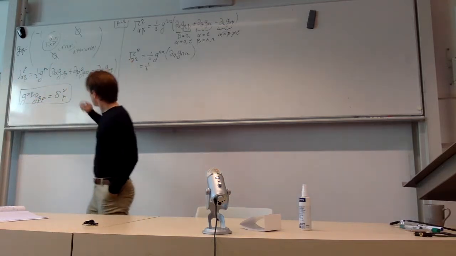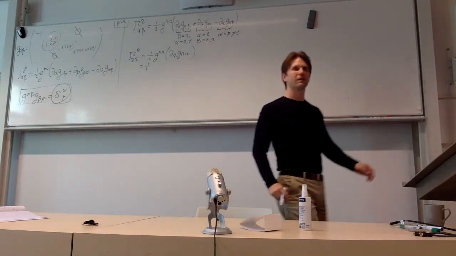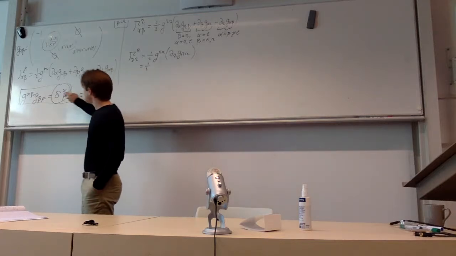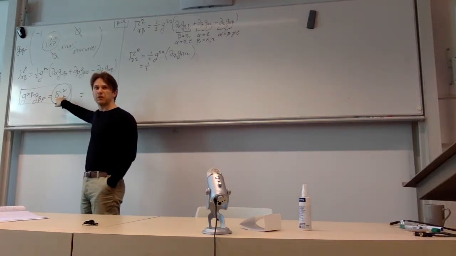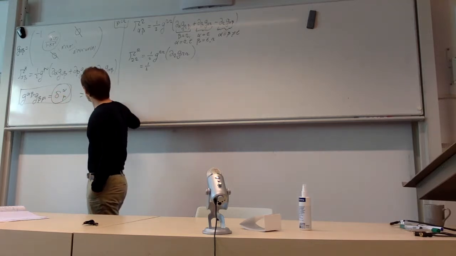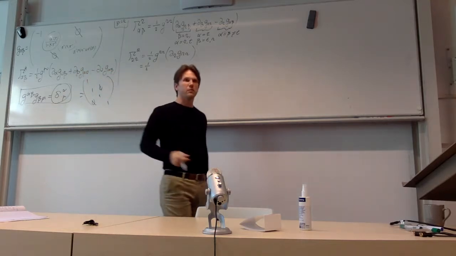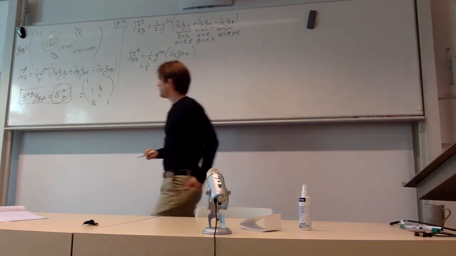By the way, do you notice that this thing, if you write it as a matrix, is just the unit matrix? Because this is the row, this is the column. At the moment that the row and column are not the same, it will give you 0. And at the moment that they are the same, it will give you 1. 1, 1, 1, 1. This thing is the tensor version of the unit matrix. Anyway, long answer to a short question.